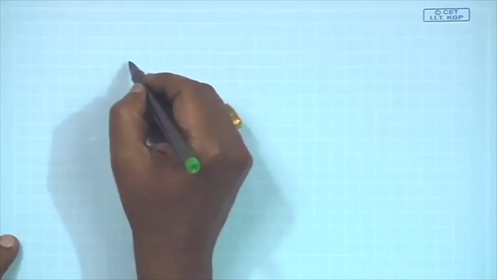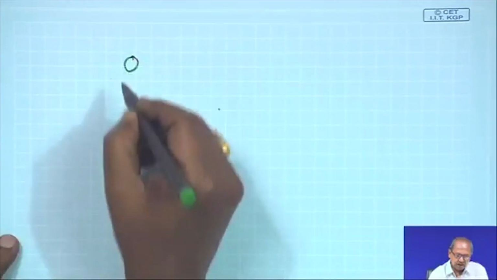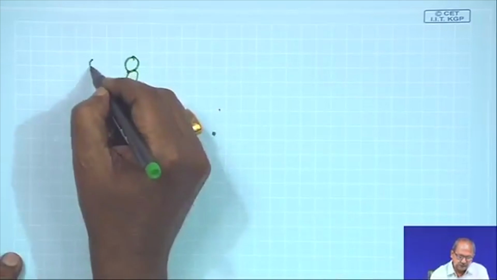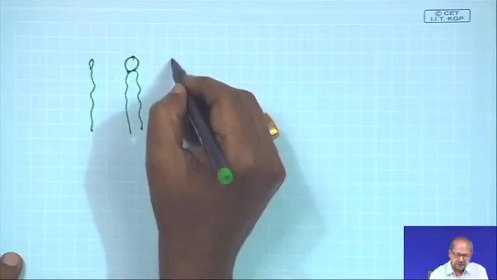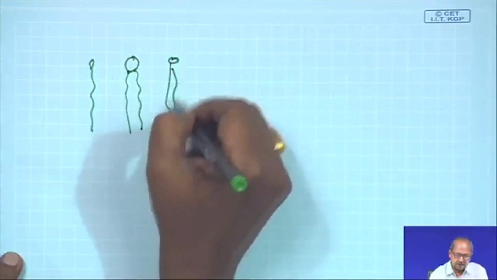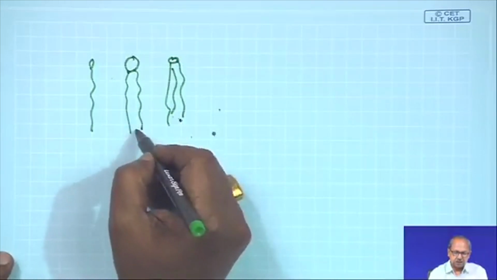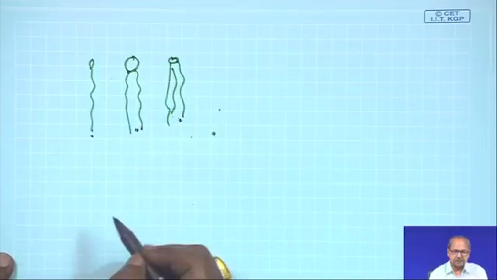Next molecule is a lipid, which comprises 10% of the dry weight. These are amphipathic molecules, which have hydrophilic head groups and a hydrophobic tail. This is triglycerides, this is phosphoglycerides, these are the fatty acids.